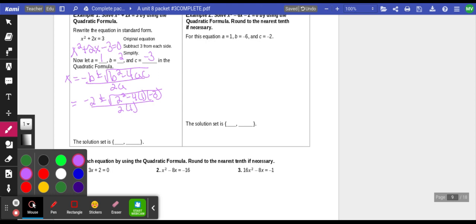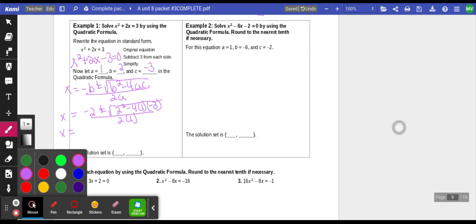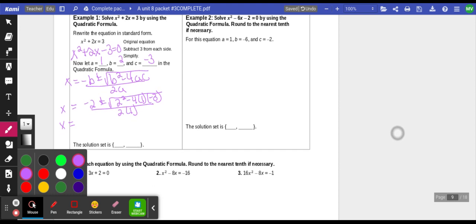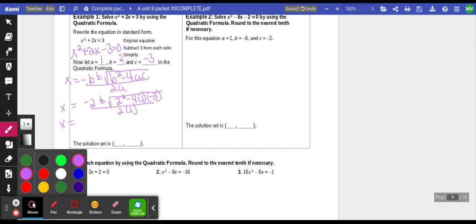So now I can use my calculator to simplify that, and it didn't tell me to round, so let me see. So I can either use my calculator, or I can say negative 2 plus or minus, and I can do what's inside here.